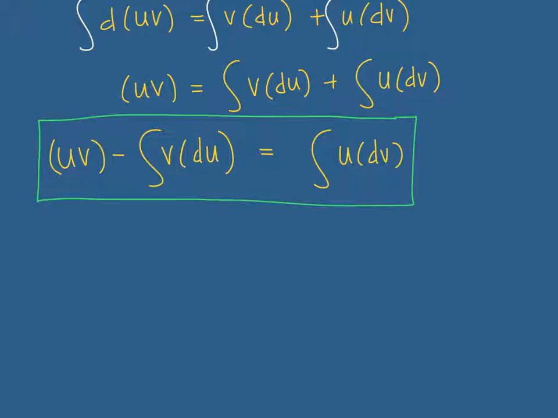So the parts are that there's a u and a v and a differential on both of them. So those are the four parts of the problem. When we say integration by parts, this is what we're talking about. The four parts are: there's a u and a du part, and there's a v and a dv part.